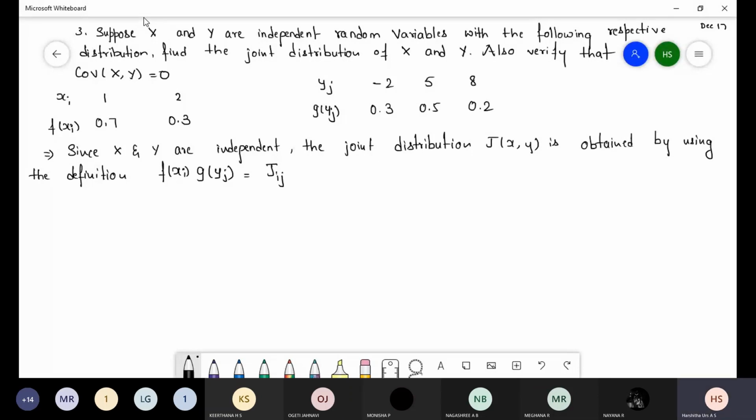Now we have to obtain the table for jij. So write the table here.